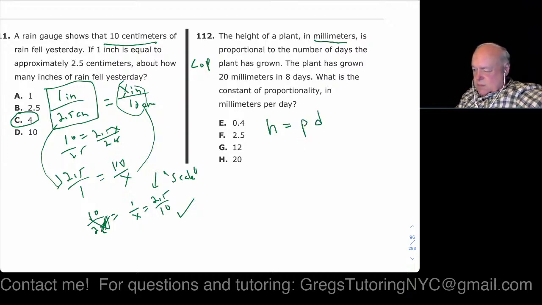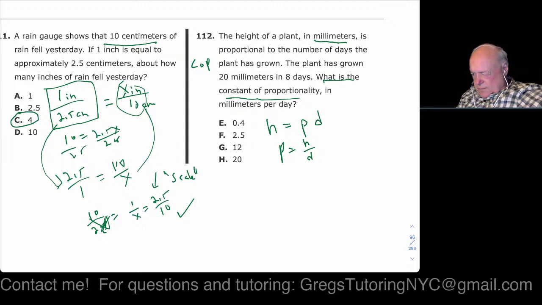All right, that's one way to look at it. What is the constant of proportionality? So here it slaps us right in the face, in millimeters per day. So if H equals PD, then P is equal to H over D.